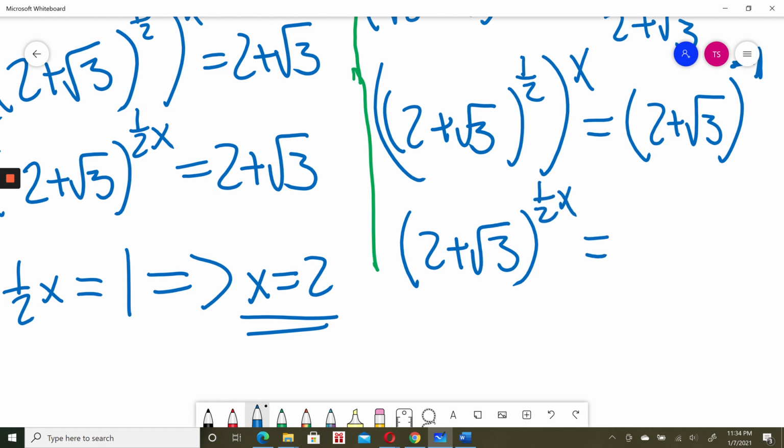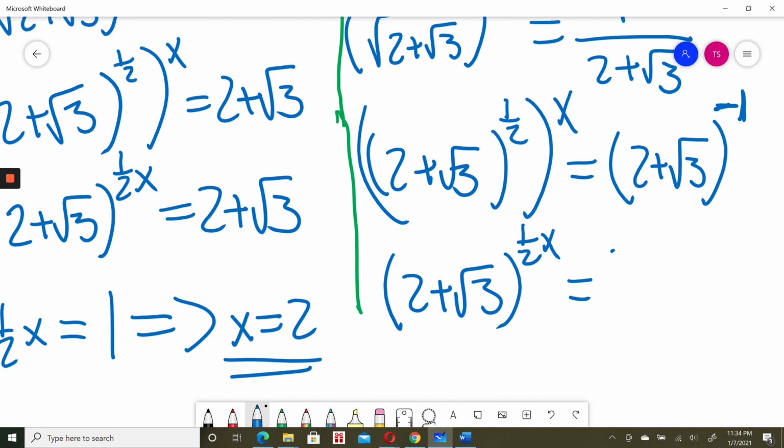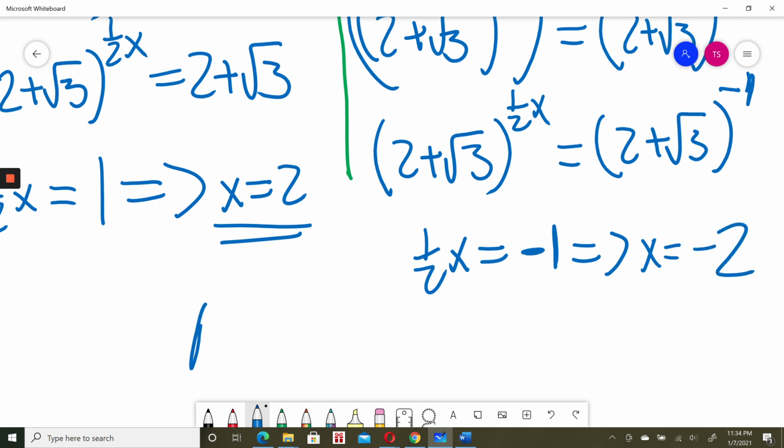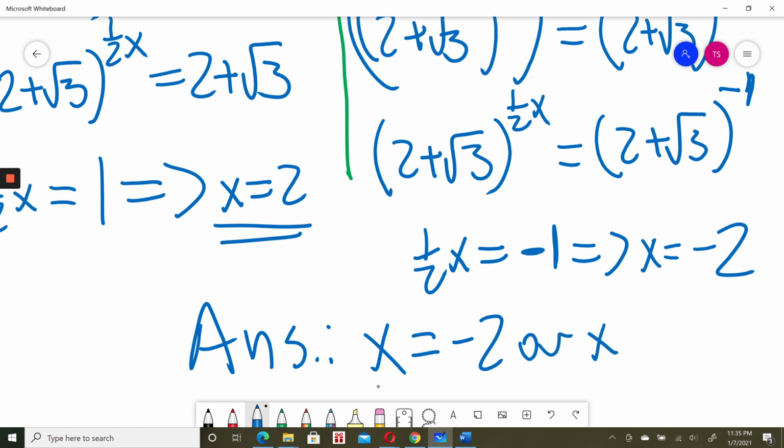This will be equal to 2 plus square root of 3 to the power of -1. So now I know my 1/2 x will be equal to -1, so x will be equal to -2. My final answer for this question is x could be -2 or x could be 2. I have two answers for this question.